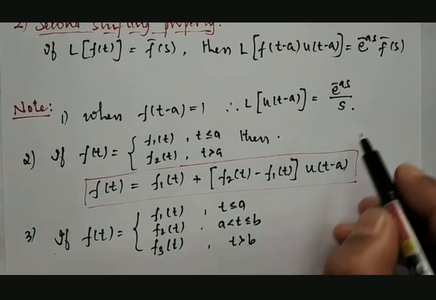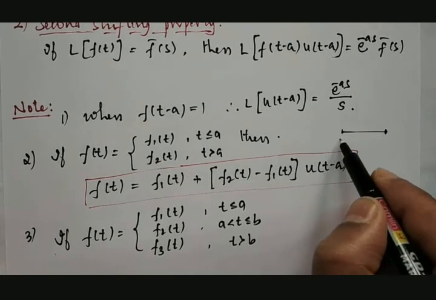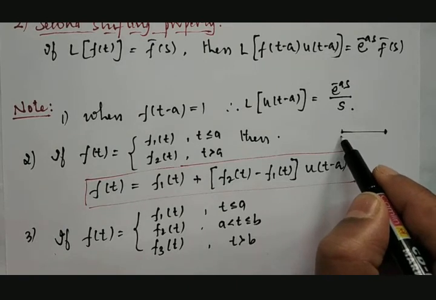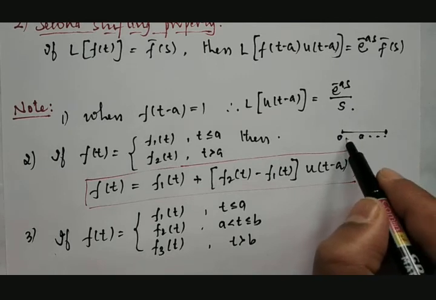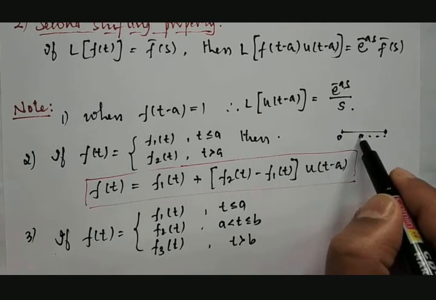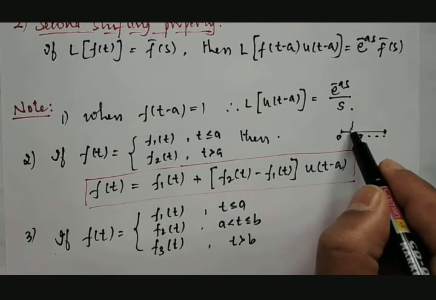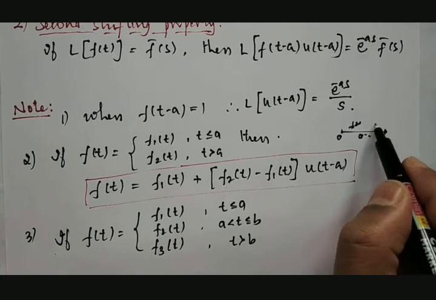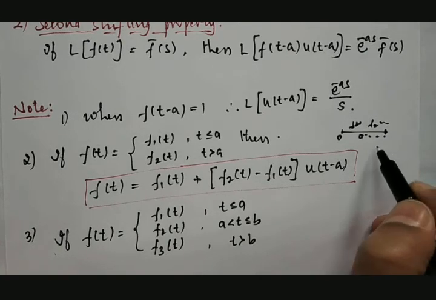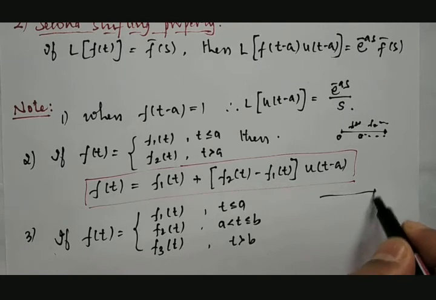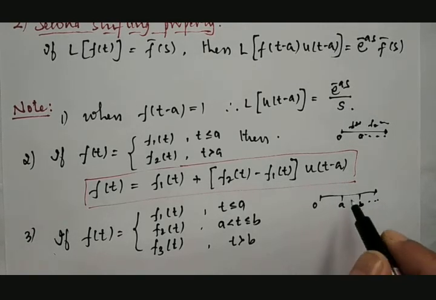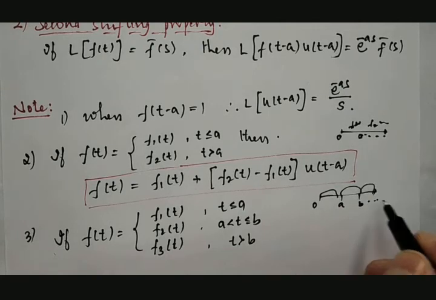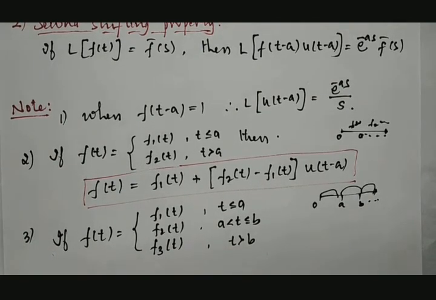Means what? In this case, if you move from t equal to 0 and then proceed, what happens? Between 0 and a, less than or equal to a, it will be the first function. From here to here, it will be the second function. Similarly here, it is a three term, a, b and continued. This is the first function, this is second, and this is the third function.